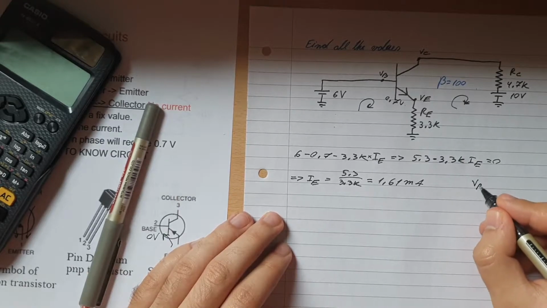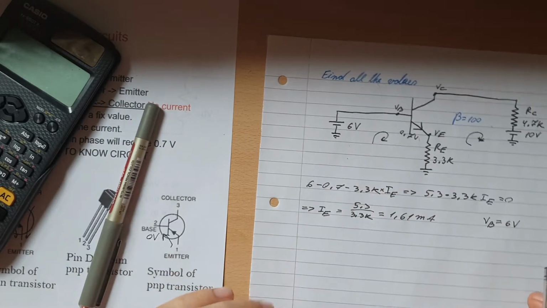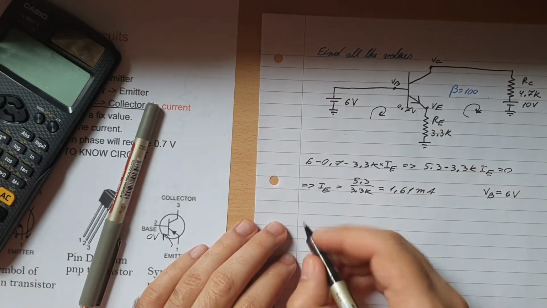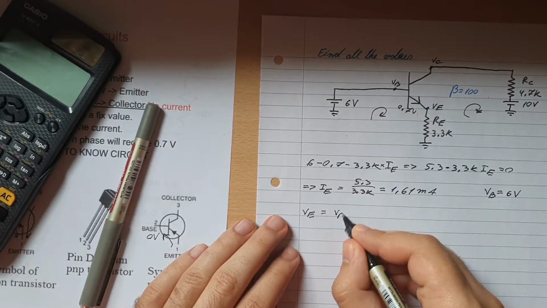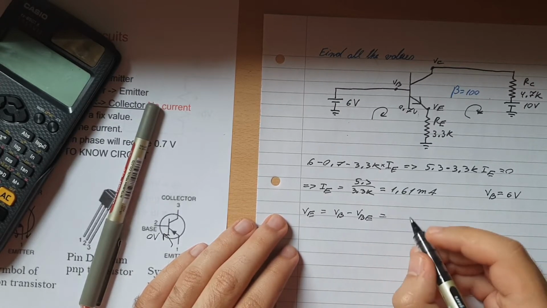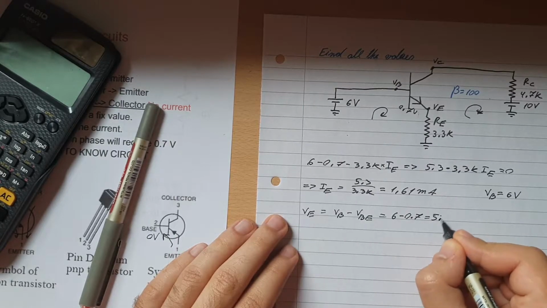And VB will be equal to 6 volts, as we said before. Now we can discover VE by simply doing VB minus VBE, which is 6 minus 0.7, and that's 5.3.